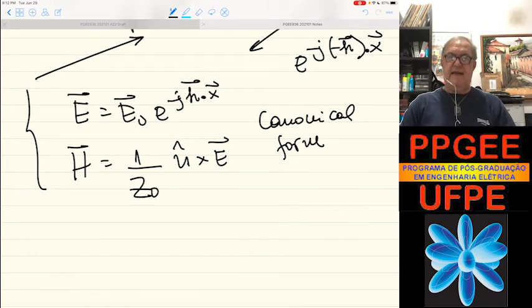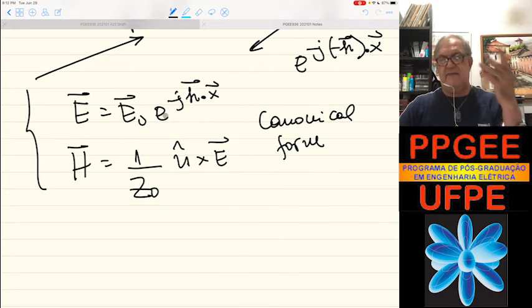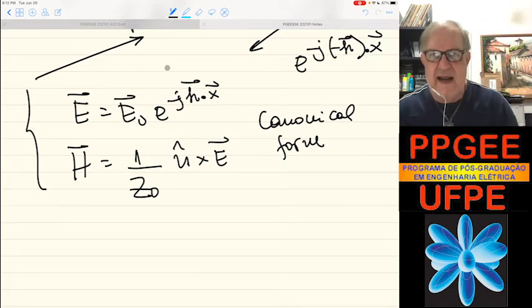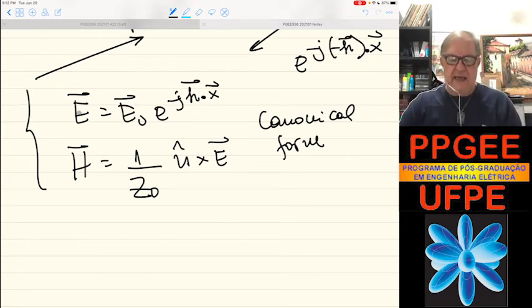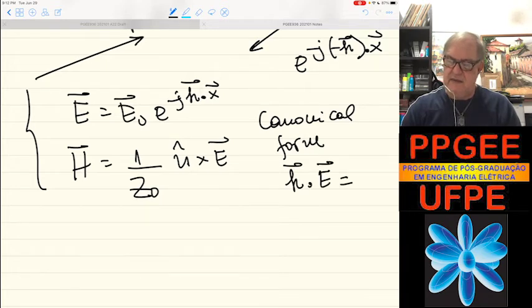Well, I can also notice that E is orthogonal to k. Let's forget about the complex vector for a minute. Let's assume these are all geometric vectors. E is orthogonal to k, right? Because we showed that k dot E equals 0.